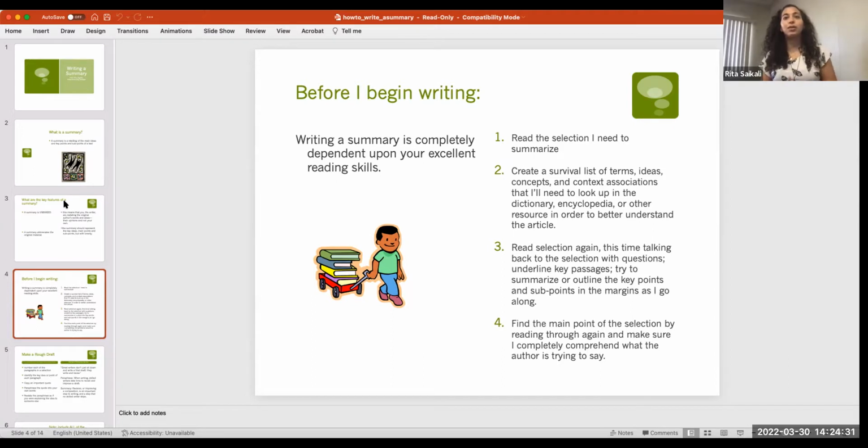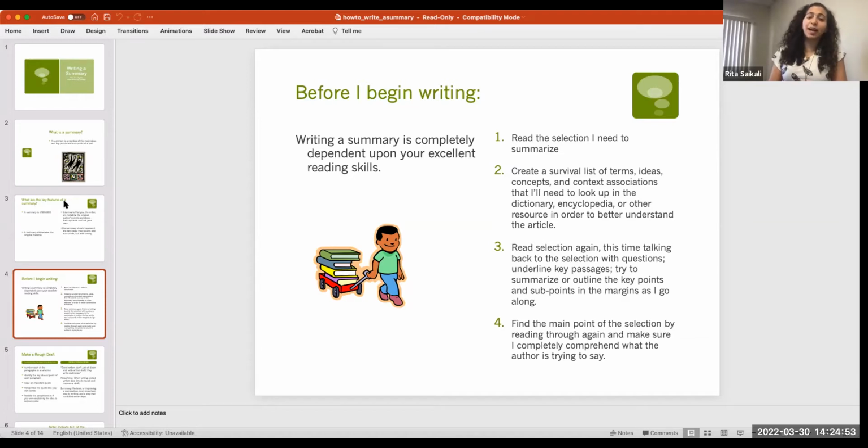So one thing that you can do is as you're reading each paragraph, you can say, okay, this is what this paragraph is about. You can either circle the important terms, you can take notes of them, you can write a few things in the margin to help you remember what the paragraph is about.